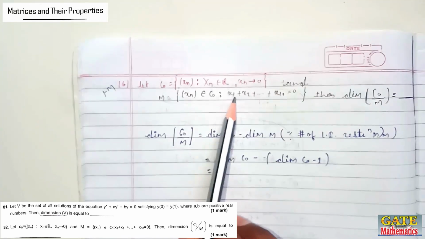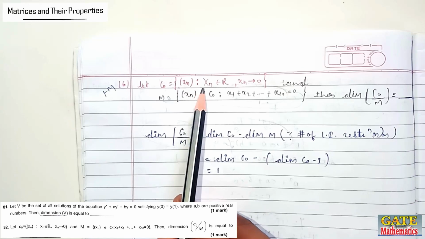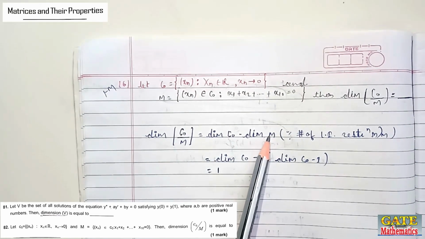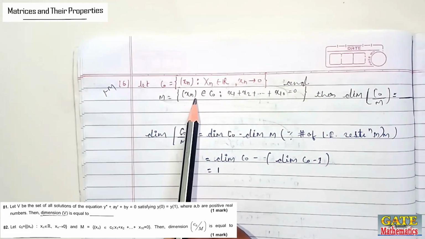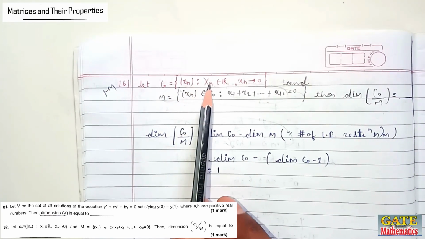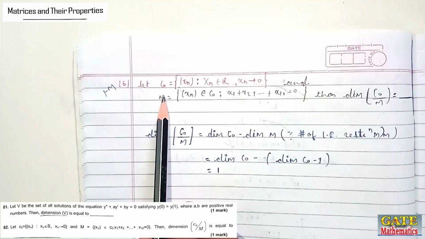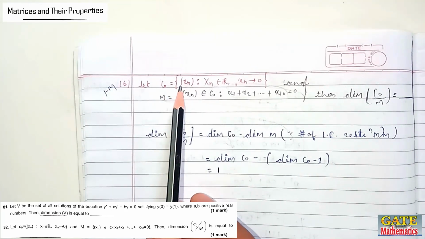If we take only one restriction out from c0, then we will get the dimension of M. xn is from c0, and c0 is the vector space, xn belongs to R. All the elements we are taking are from c0.